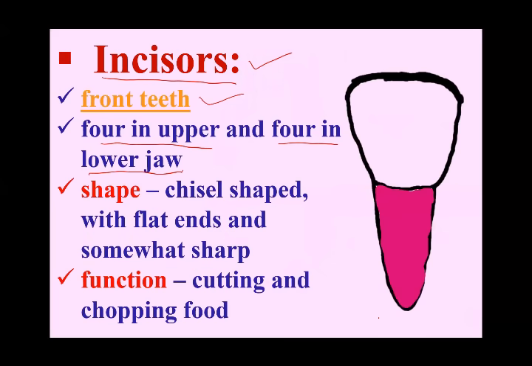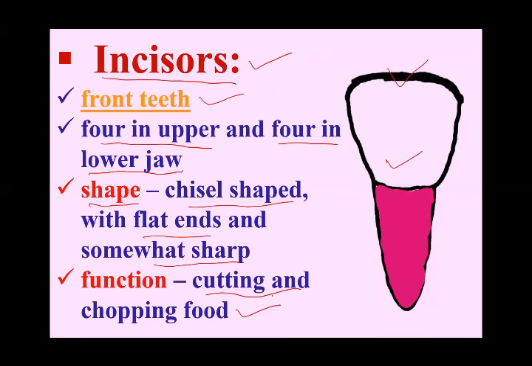Now the shape of the incisors. It is chisel shaped with flat ends, somewhat sharp. This is the image of an incisor tooth, and you can observe that this part of the tooth is sharp, and the sharpness helps in cutting and chopping of food.